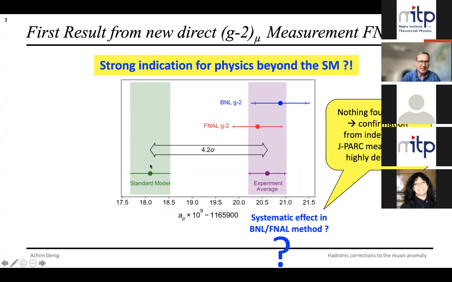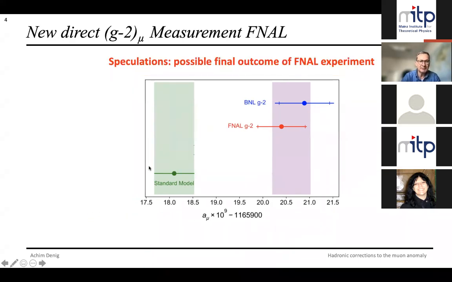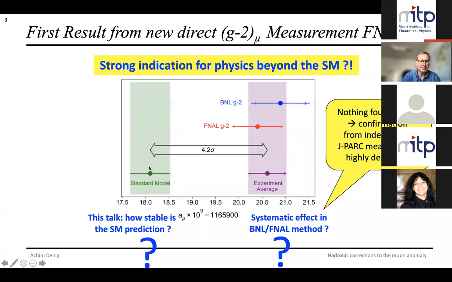Now, as I mentioned, I will speak about the standard model prediction. And of course, the question is, how stable is the standard model prediction? Before I start to discuss this, let me speculate a little bit, since I like speculations. Let me speculate about the future outcome of the final Fermilab result with a factor 4 improved accuracy.